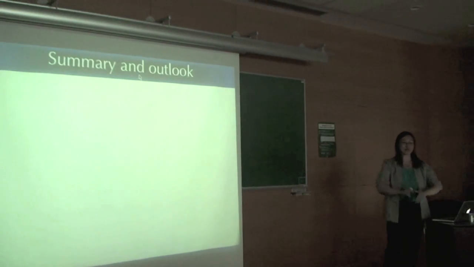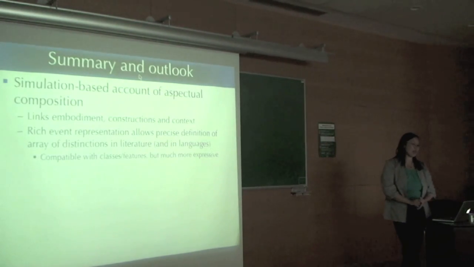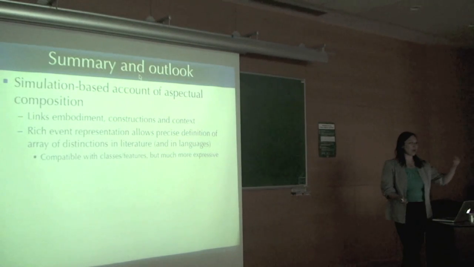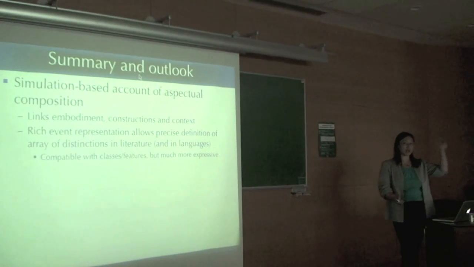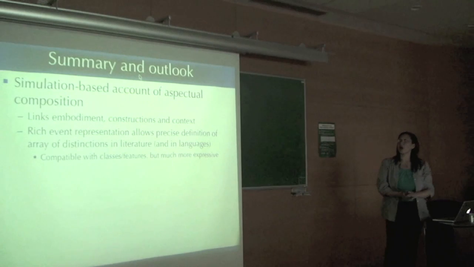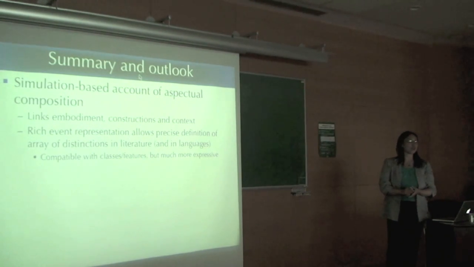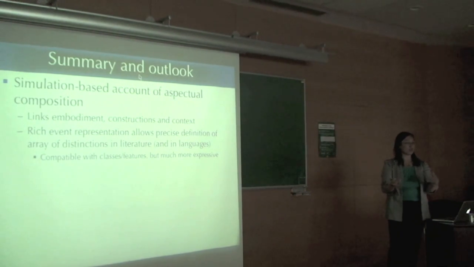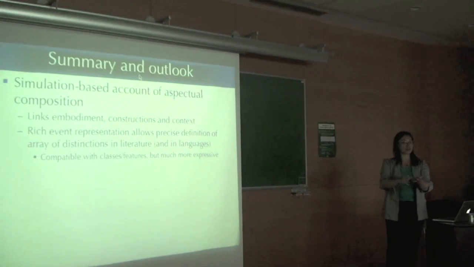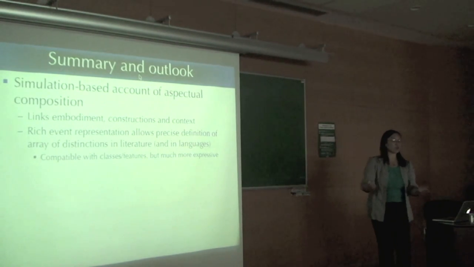Okay, so here's the summary: this account, which is inspired by simulation, the idea of action and motor control and perception, we think not only provides a nice representation to allow you to explain the acquisition, the use, and the structure of language, but it also gives you a nice way to talk about phenomena across languages.